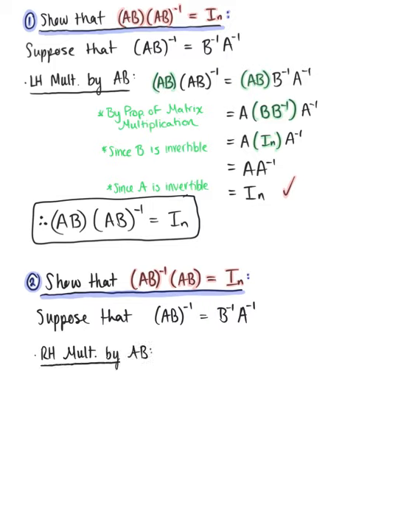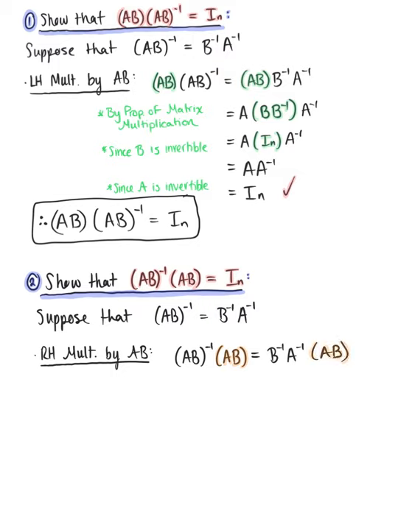Again, we know to right-hand multiply because of what we're trying to show. So we now have the inverse of the product AB multiplied by the product AB, and this is equal to the product of the inverse of matrix B multiplied by the inverse of matrix A multiplied by the product AB.